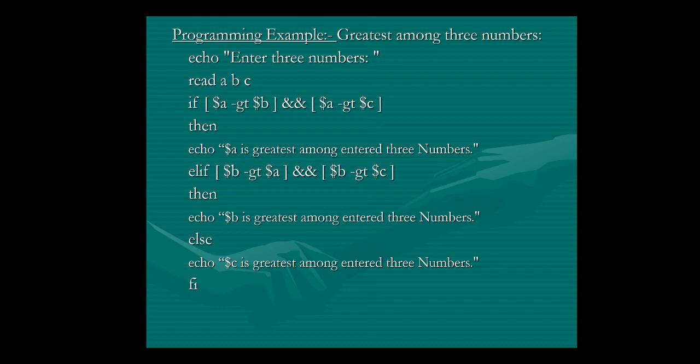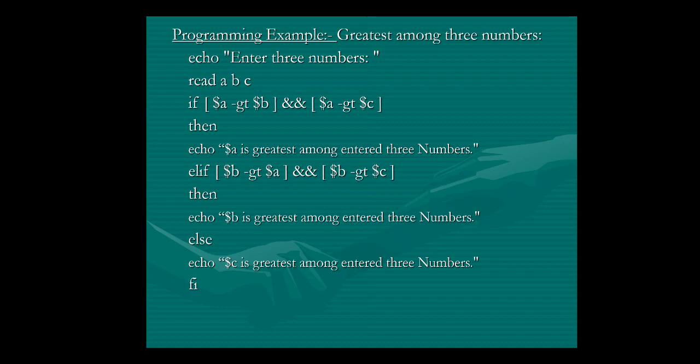Now let us see the third line of the program in which I have written two expressions, that is $A -gt $B and $A -gt $C, and these two expressions have been combined by the logical AND operator.